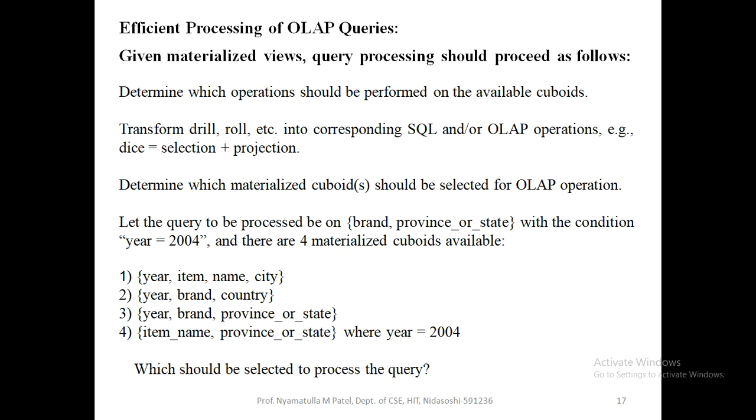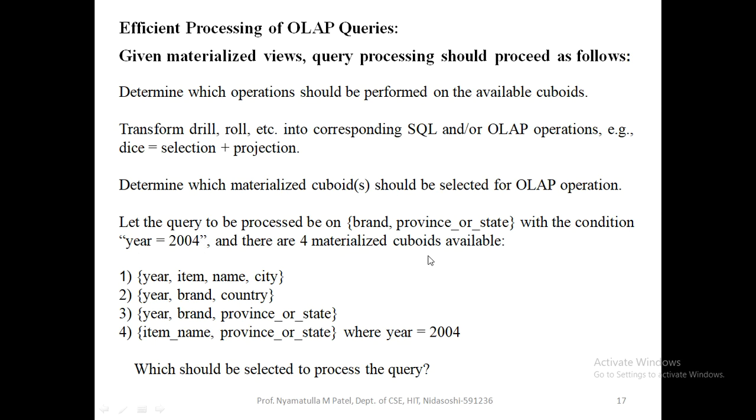Let us take an OLAP query processing example. Let the query to be processed be on brand and province or state. I want to know which brand is sold in a particular state with the condition year 2004, and there are 4 materialized cuboids available with me.